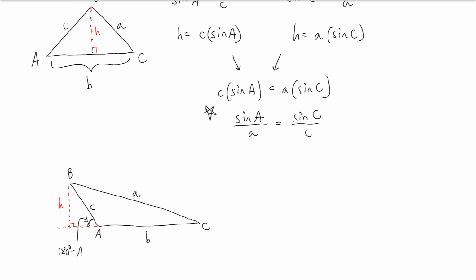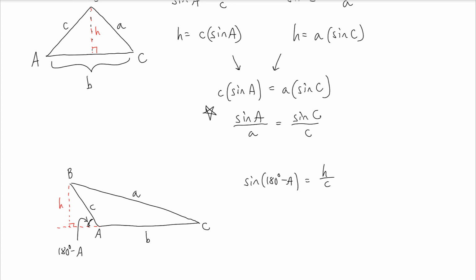Well, let's use that right triangle in there. So with that right triangle with the two red legs, sine of 180 minus A, so sine of that angle would be equal to opposite over hypotenuse. Well, what is sine of 180 minus A?